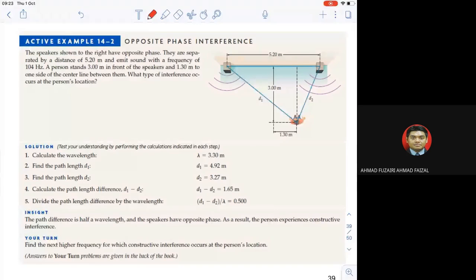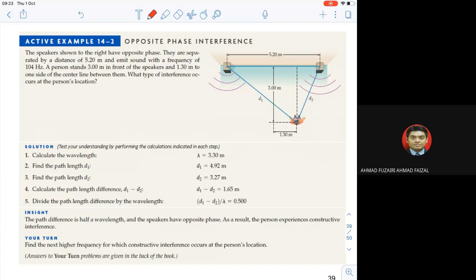A person stands 3 meters in front of the speakers, and 1.3 meters to one side of the center line between them. Okay, the one here. If you don't understand the question, then just look at the figures. What type of interference occurs at the person's location?